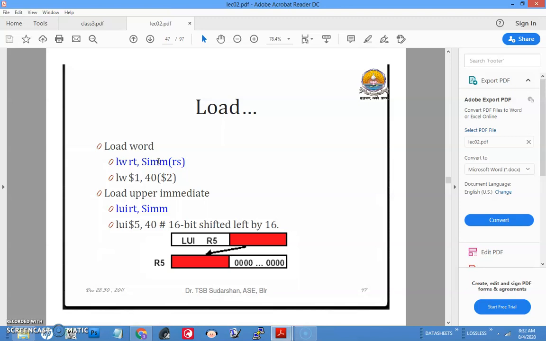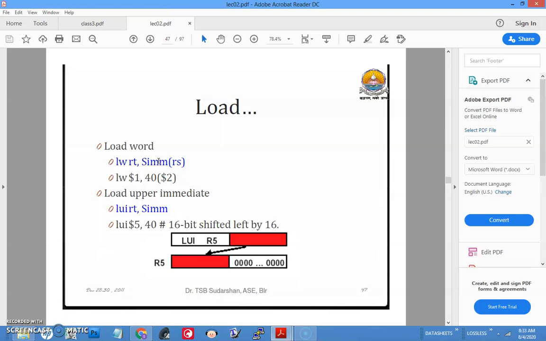Upper part means, R5 is a 32-bit register, so upper part means the higher order bytes in R5. A register can be viewed as consisting of 4 bytes, B0, B1, B2 and B3, where B0 is the lower order byte and B3 is the higher order byte. So in this instruction we are moving the signed immediate to the upper part.